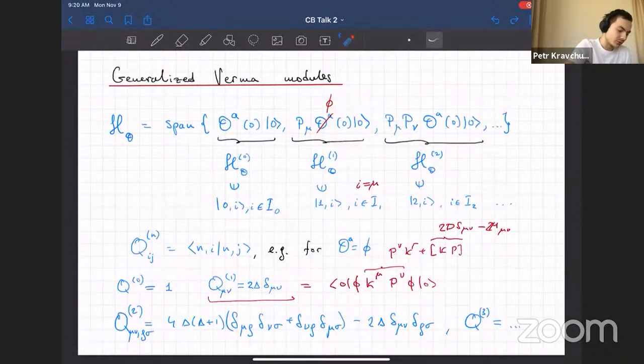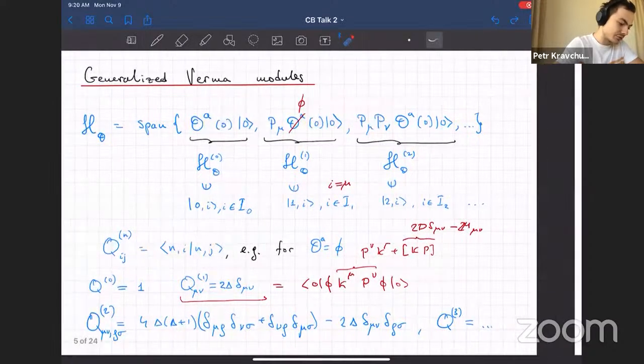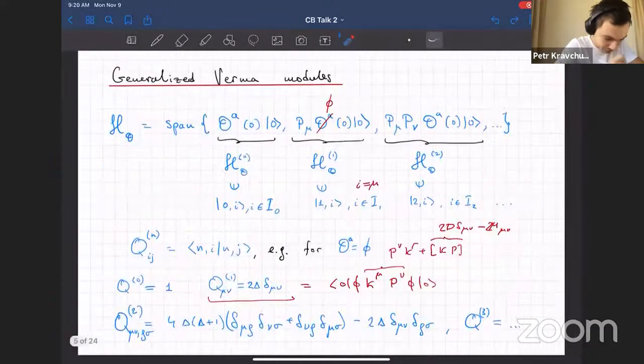I guess this was a really quick, but also probably a bit incoherent review of these representations from the point of view that you require. I'll start moving towards conformal blocks now. Before I do that, are there any questions about this part?